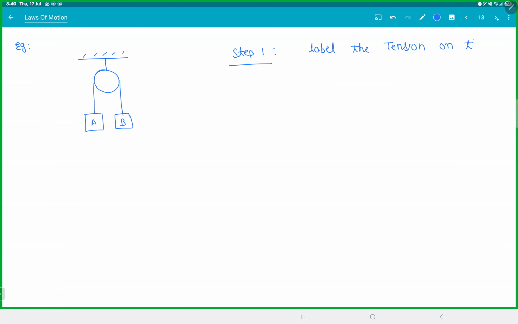If the strings are different, they'll have different tensions, and find the relation between them.